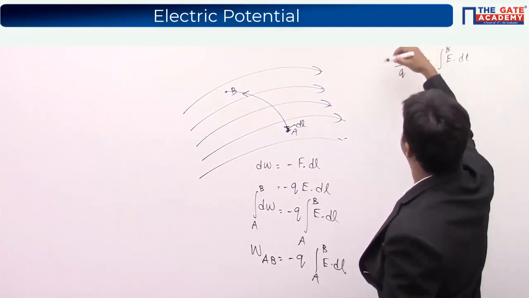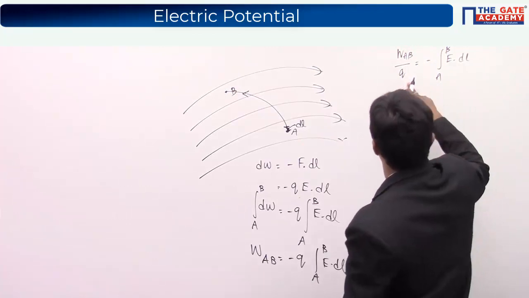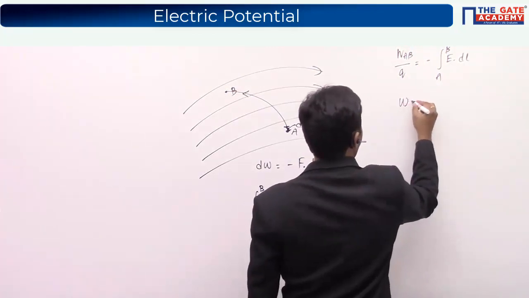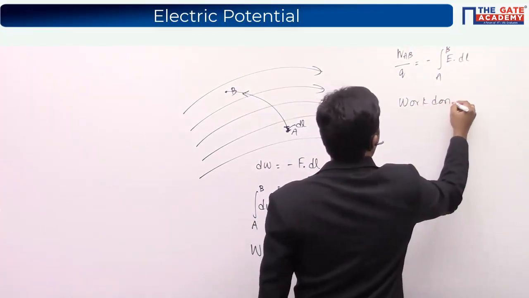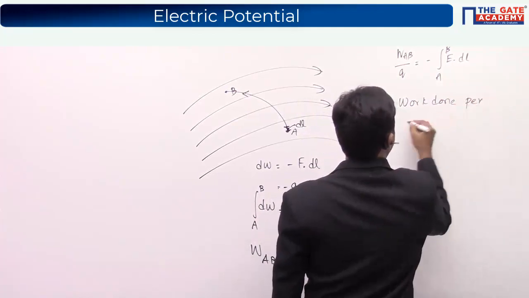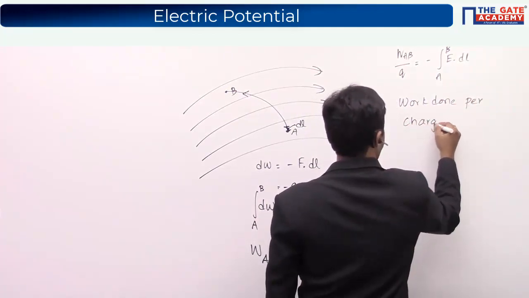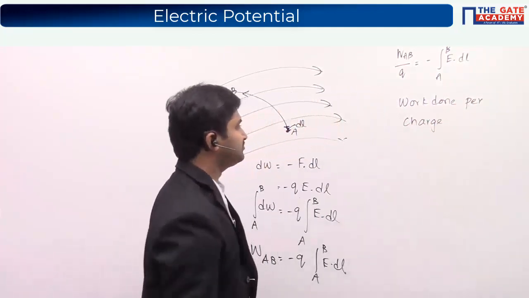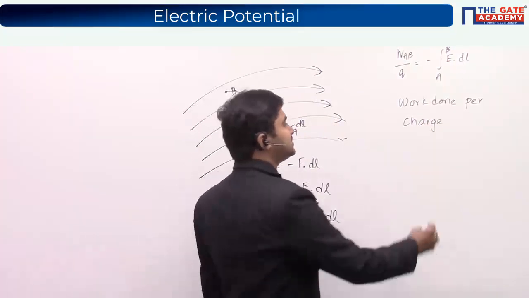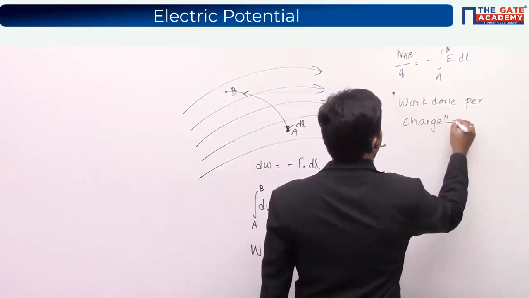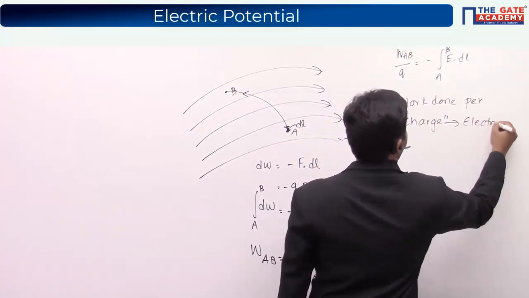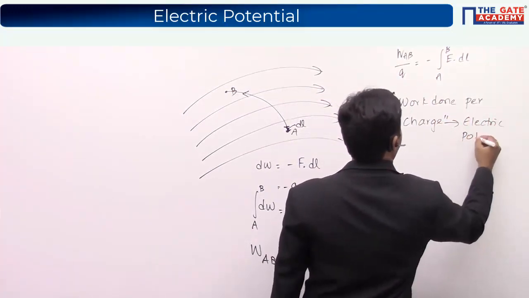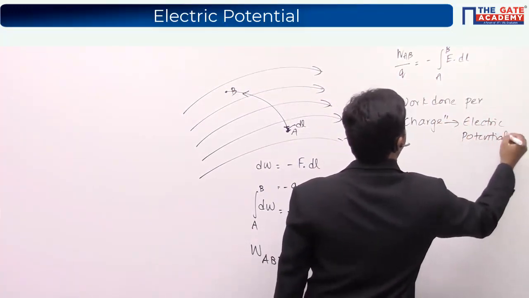Now what is W_AB divided by Q? It is nothing but work done per charge. This work done per charge is what we are calling electric potential. This is what we are defining as electric potential.